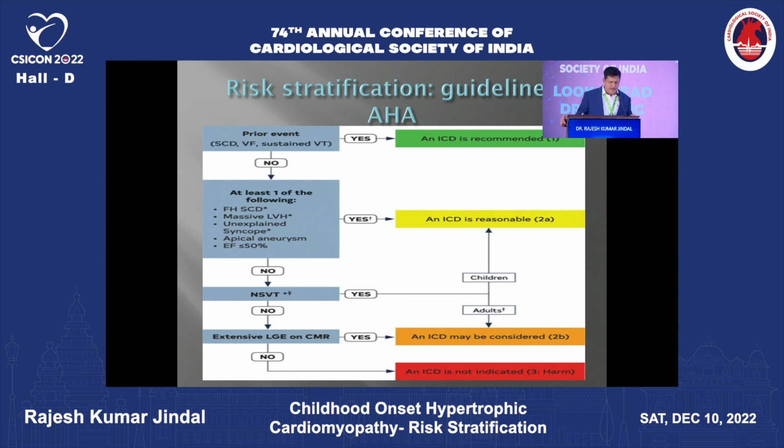But this particular parameter does not hold for adult patients, though they may still be categorized as 2B, that maybe an ICD is beneficial. So the AHA guidelines have just tried to dichotomize the gray zone area, differentiating them on the basis of non-sustained VT findings on Holter.